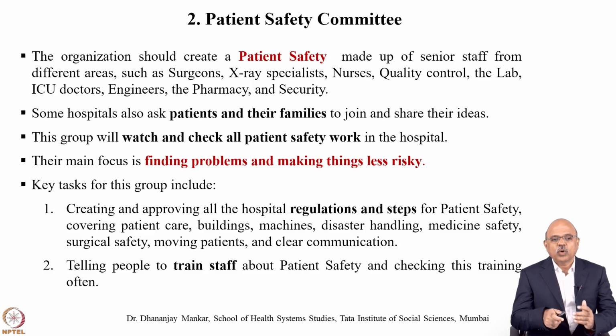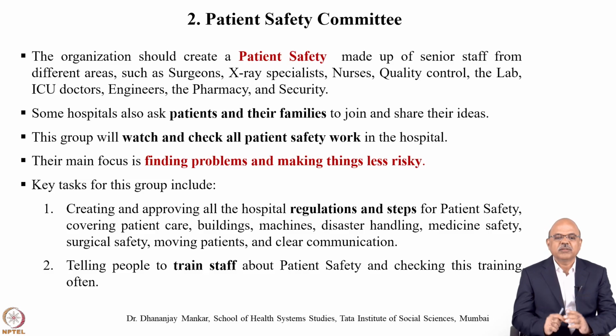The key tasks of this group include creating and approving all the hospital regulations and steps for patient safety, covering patient care, building, machines, disaster handling, medicine safety, surgical safety, moving the patients, and clear communication among the staff. These can all be the tasks given to them.